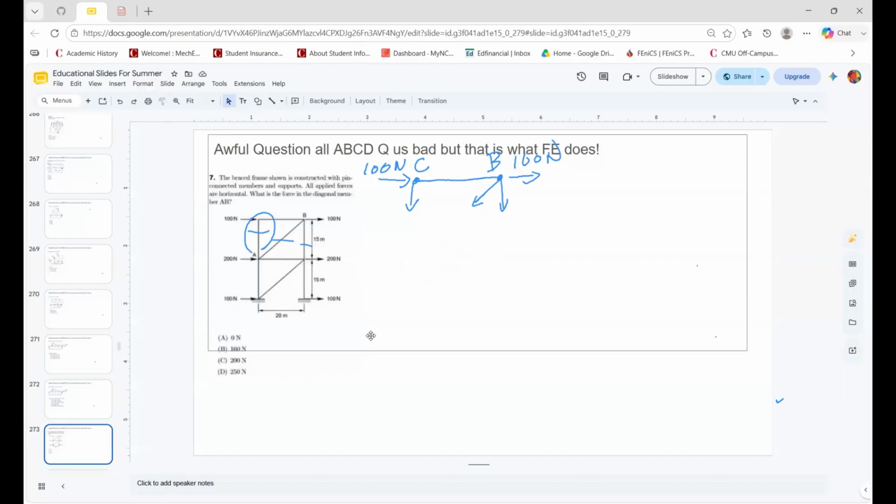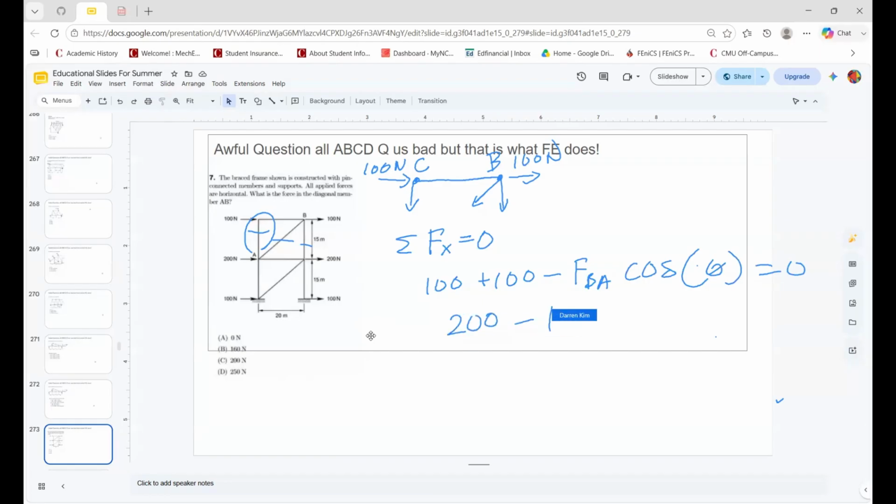All you have to do is summation of Fx equals 0. So it's 1,000 plus 100 plus 100, which equals 200, minus FBA, and it's going to be an angle, so it could be either cosine or sine. Let's just do cosine theta for now, equals 0. So we have 200 over here, minus FBA cosine theta. The hypotenuse is the square root of 15 squared plus 20 squared.